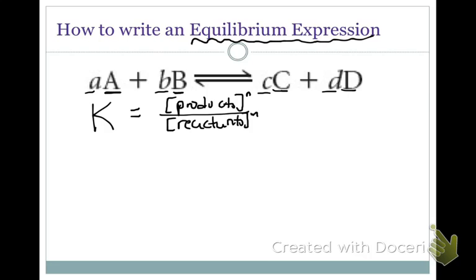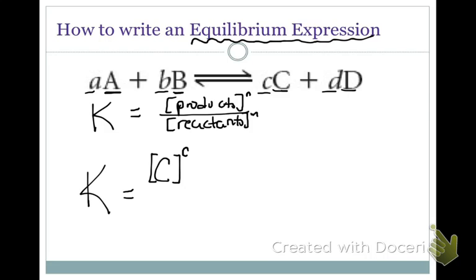And I'm just going to use N and M just to kind of help me out. But here, let's take a look. So I'm going to use my products first. So K is equal to my product. So I have one product, C, and we're talking about concentration, so I'm going to put it in these brackets. These brackets mean molarity, and they're another way of showing molarity. That big C is raised to the c power, and that's just, again, the coefficient.